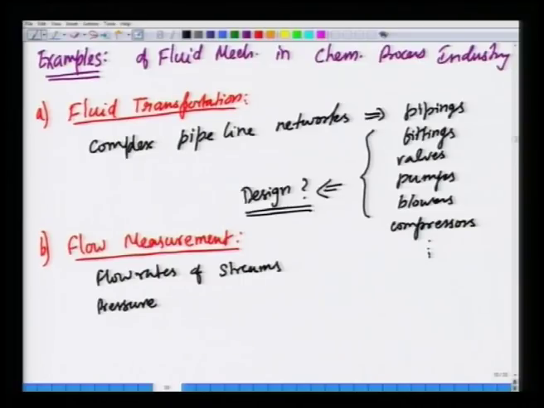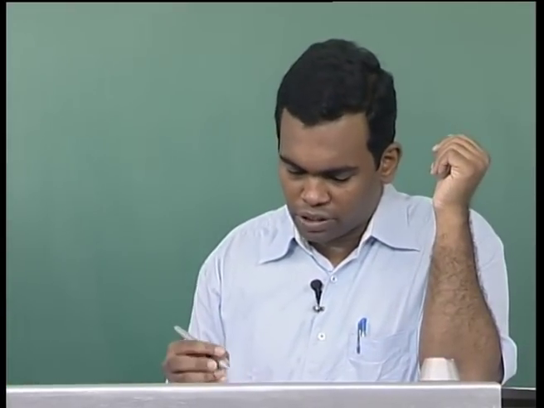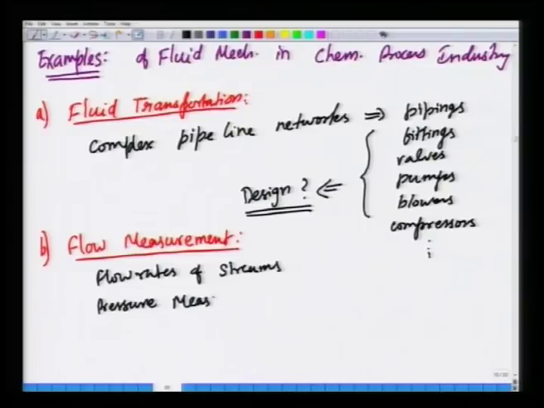For example, you may have a vessel, and the pressure in the vessel must be below a critical value for a safe operation of the vessel. If the pressure exceeds the value, then you may have a problem in terms of the safety of the operation. So, it is important to have pressure measuring devices, and a thorough understanding of flow measurement can happen only if you understand the principles of fluid mechanics very well.